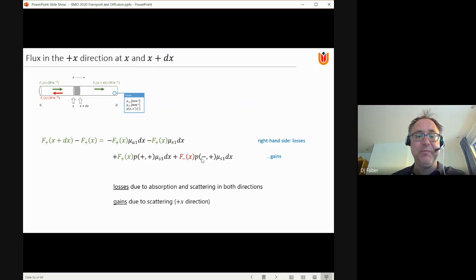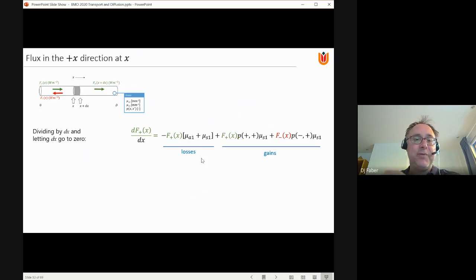So f+ times p++, and there can be a gain term from light that was traveling in the minus direction, but it is now scattered into the positive x direction. So that is the last term in these equations. So we have losses due to absorption and scattering in both directions, and the gain terms are due to scattering in the plus x direction. So that can be either from the light that was already traveling in the plus direction, or from light that is traveling in the minus x direction, but that has now reversed course.